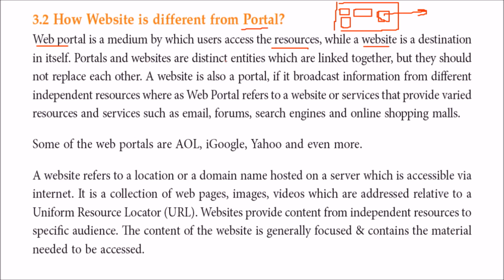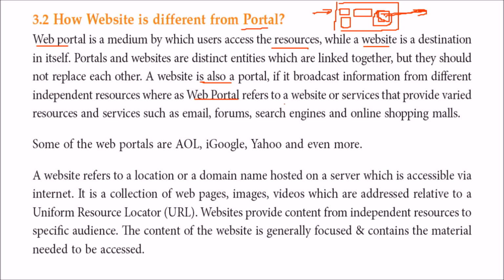And there are two distinct entities. As I just exemplified, there is a Yahoo portal, and yahoo.com or the email or the website can be accessed through this. Okay, so a website is also a portal if it is going to broadcast information from different independent resources. If the website starts having independent resource links, then you can say it is a web portal.